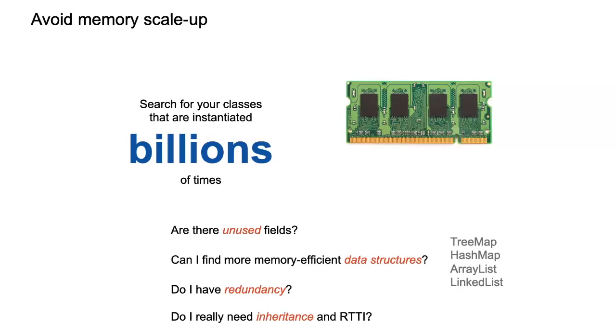And also, you need to be aware that when you use inheritance or RTTI, which I never remember what it means, it's a runtime type inference or something like that, if I remember correctly. It's this whole mechanism by which you have a subclass, and then the methods are automatically those of the class you have dynamically, right? Even if the static type might be a superclass. But this consumes memory.